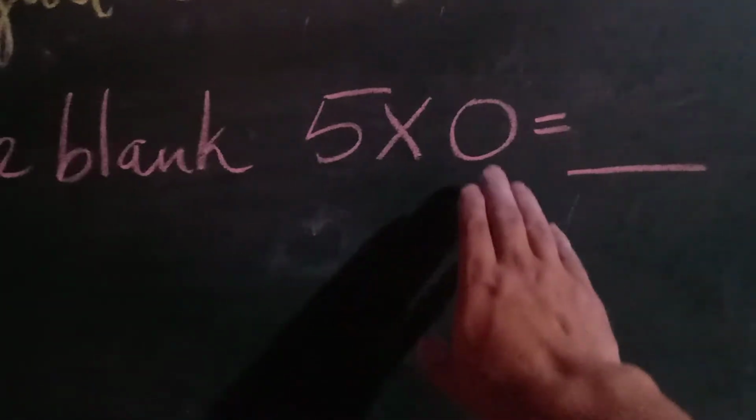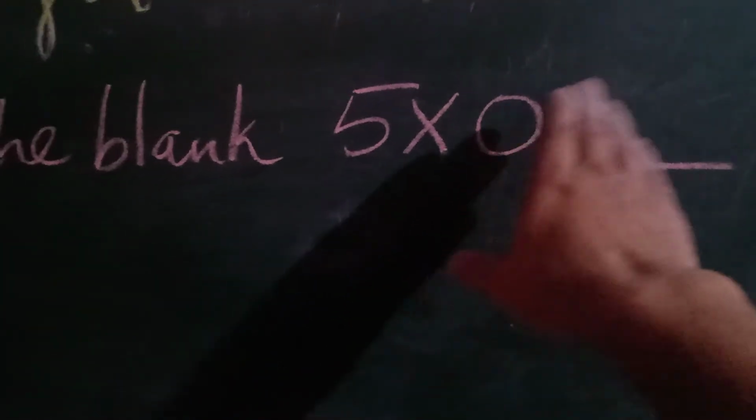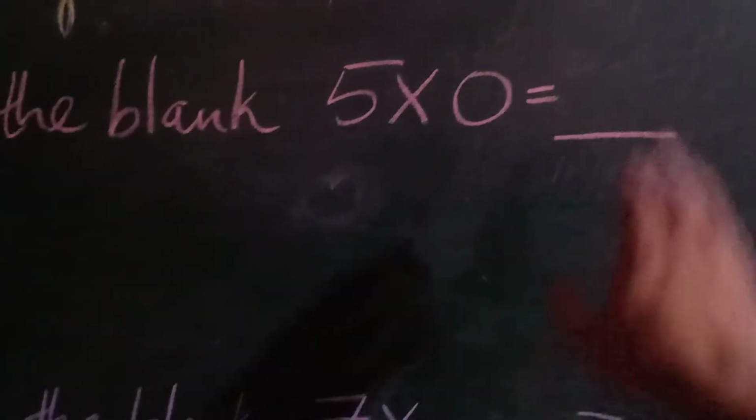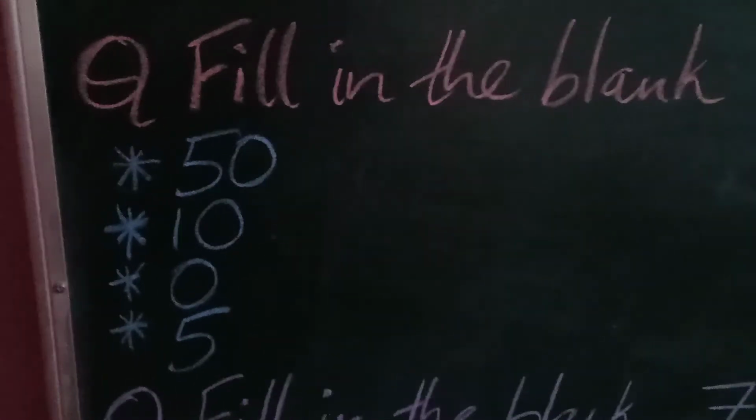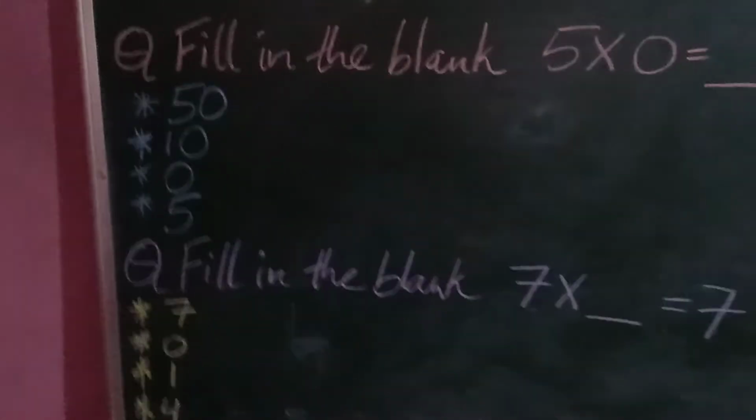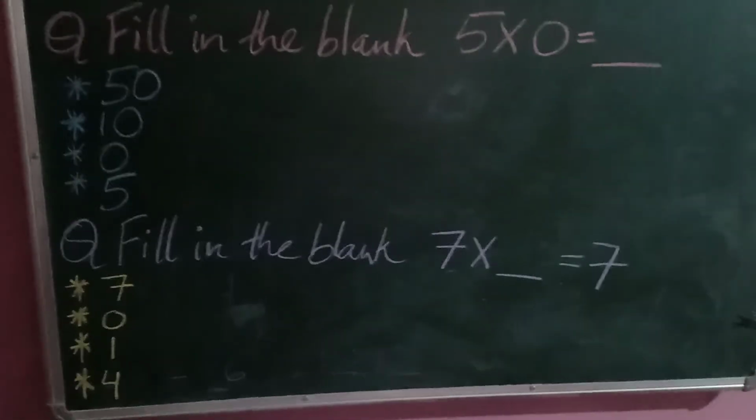If anything multiplies with 0, the answer is dash. Choose the correct option: either 50, 10, 0 or 5. I'll leave it to you to fill in on your own.